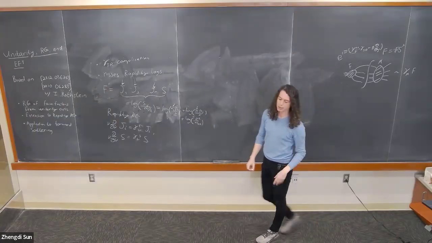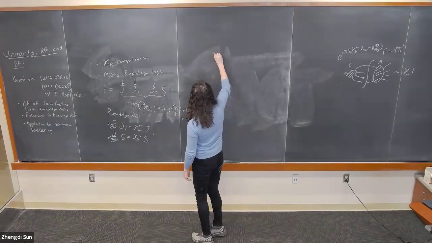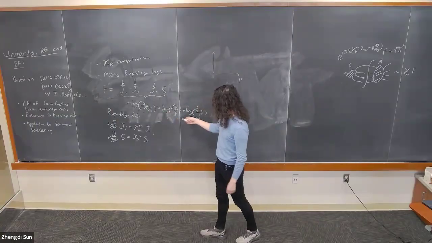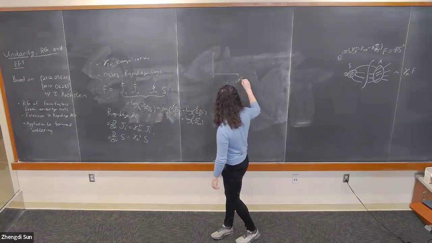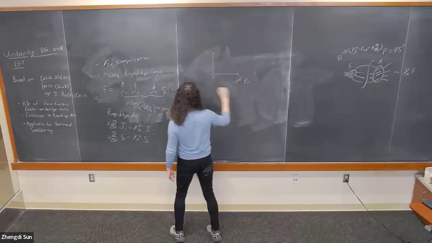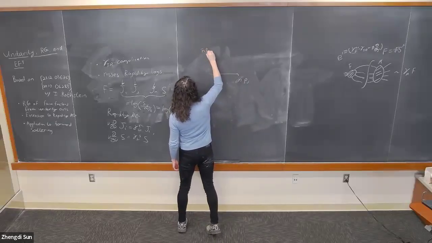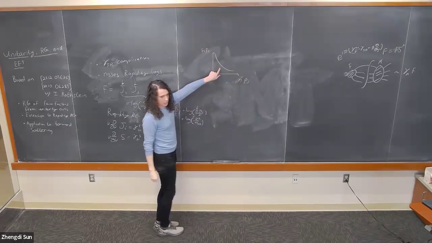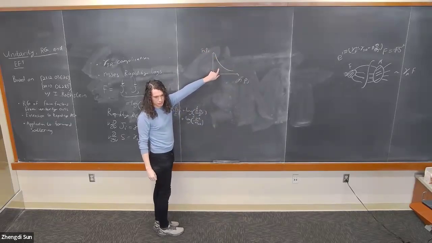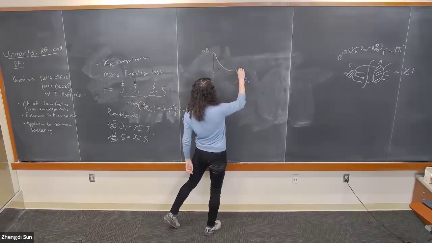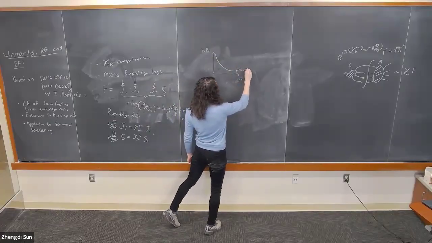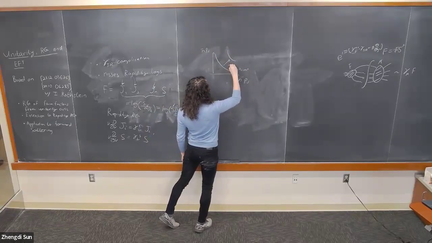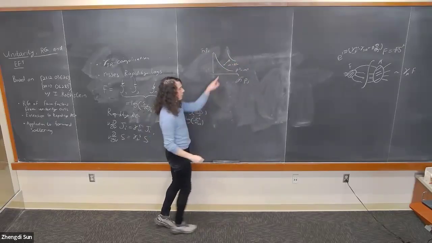Just to quickly compare and contrast the rapidity RG with the standard RG. So if we go back to our case with these two logarithms, so we have J. This hyperbola is just a hyperbola at fixed invariant mass, like a fixed p squared, for example. And then the standard mu RG generates flow along different invariant mass hyperbolas.